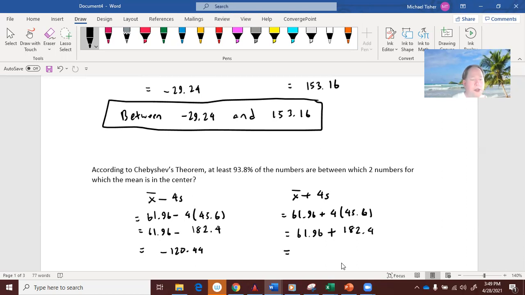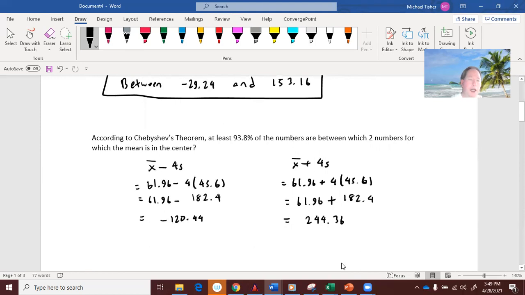And that's going to bring us to 244.36. Okay, so this says at least 93.8% of all the numbers are between negative 120.44 and 244.36.